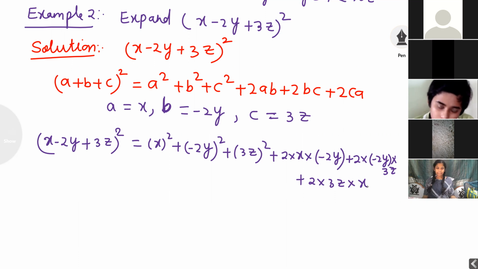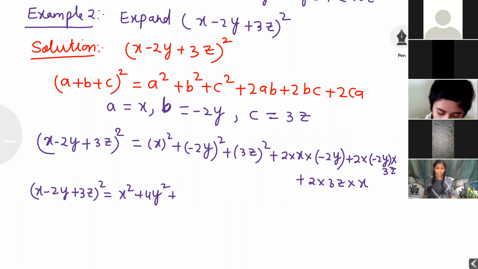Now I want to simplify. X minus 2y plus 3z whole square is equal to x whole square means x square, minus 2y whole square, minus 2y into minus 2y, minus into minus plus, 2 to the 4, 4y square, plus 3z whole square, 9z square.